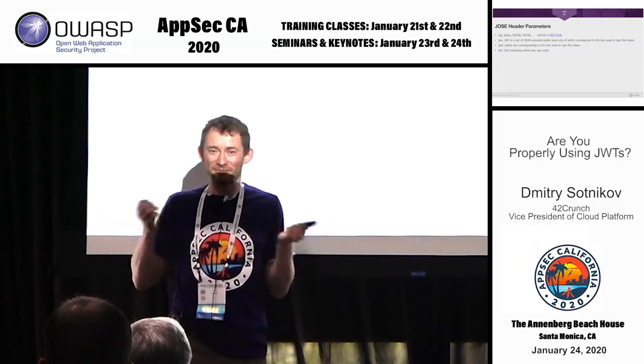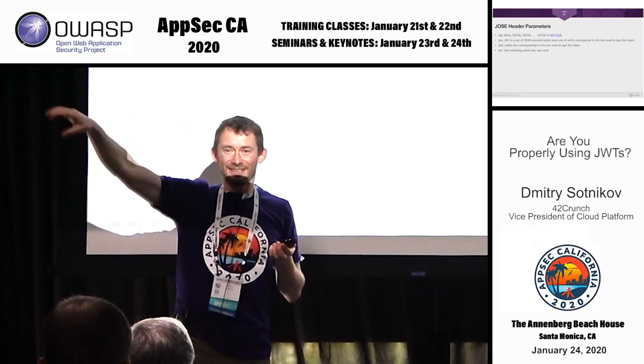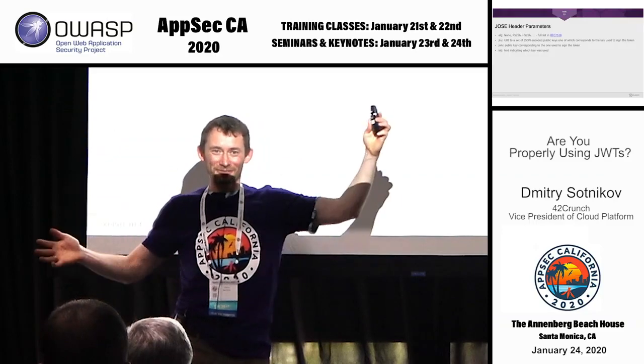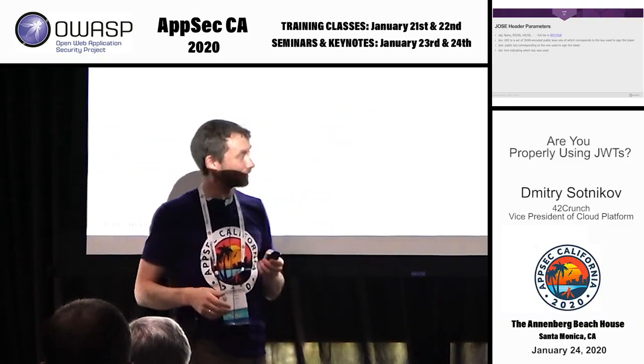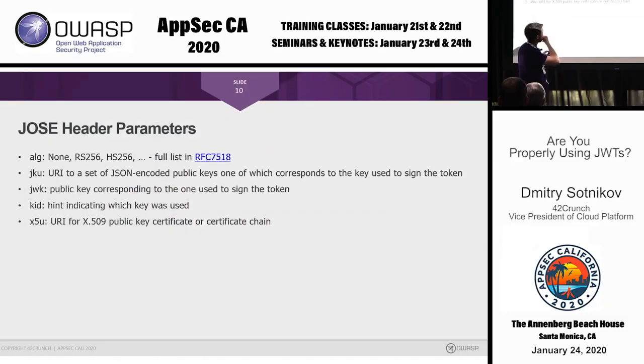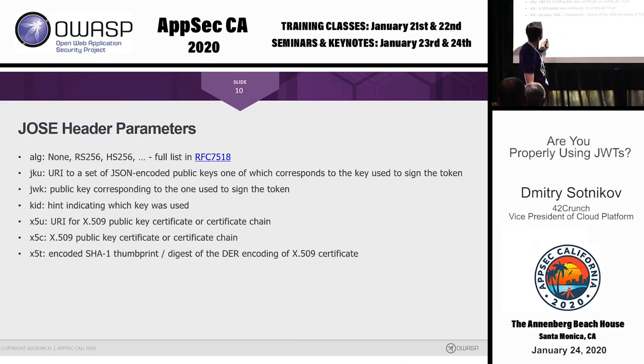It's some sort of identifier that would tell the other side to use, from our set of keys, key number 5, or key XYZ, or whatever. And then for asymmetric keys, you can have the chain of certificates for the private key. So again, you can send information about that right in the header. These are all related to that.